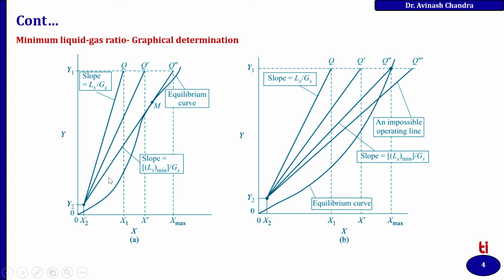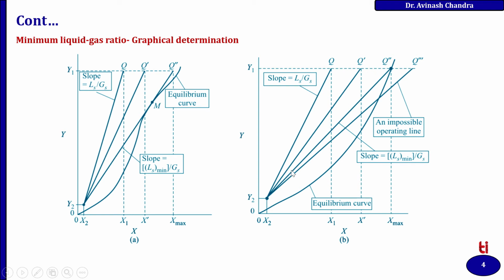Similarly, if the shape of the curve is different from this type of shape and it is like this type, so in this case it's very difficult to draw a tangent on this curve. So in this case we need to draw the composition Y1 at position 1 and draw a horizontal line. Where this horizontal line will cut this particular curve, this is the maximum composition we can achieve in this case.